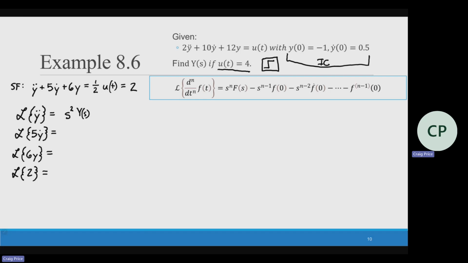Everything after that is going to be subtracted. So now we knock the s's down by 1. We're going to have a minus s times my initial condition, no derivatives. And that should be -1, yes.